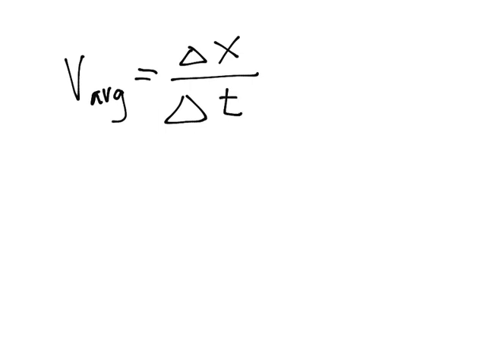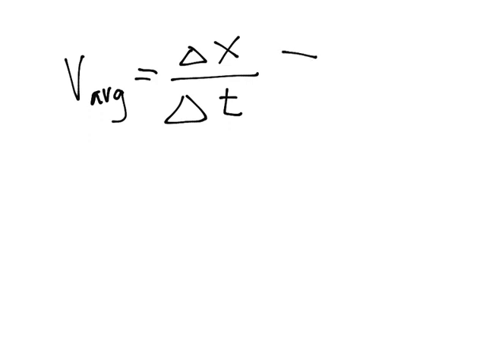Next, we're getting the average velocity. So if I write AVG, I mean average. I do not want to write average the whole time. So this is essentially when we were finding the slope of our graph, except now we're doing it in formula form. So it's the change in x, which was our rise, over our change in time, which was our run.